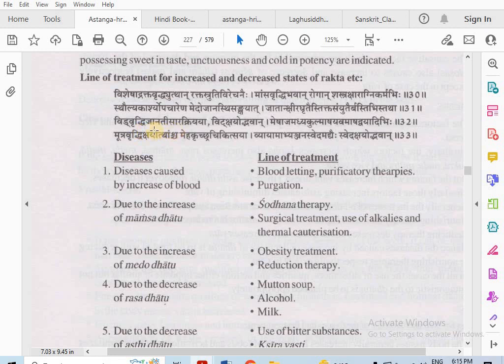Janati sara. Here you need to take jan only. Jan means the disease that occurred. Actually there is a ja letter, so the actual word is vruddhi ja. Vruddhi ja means a disease that increased due to feces.